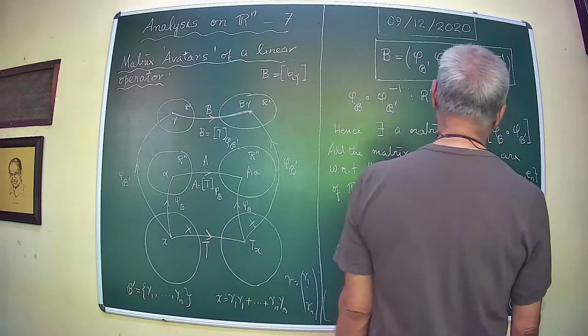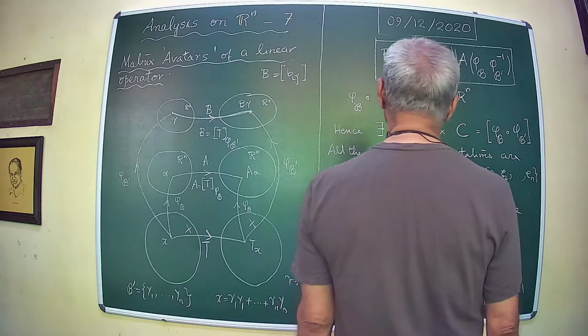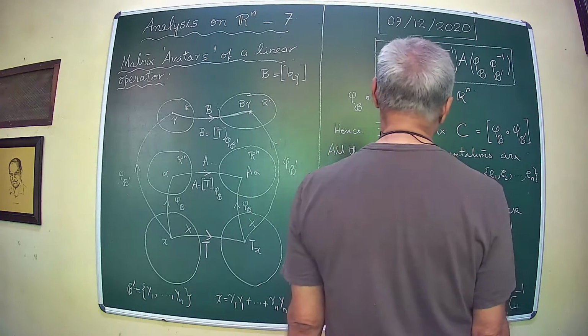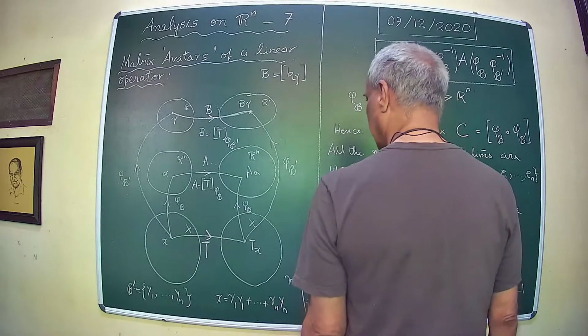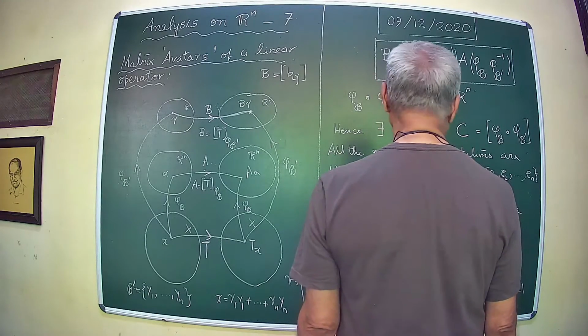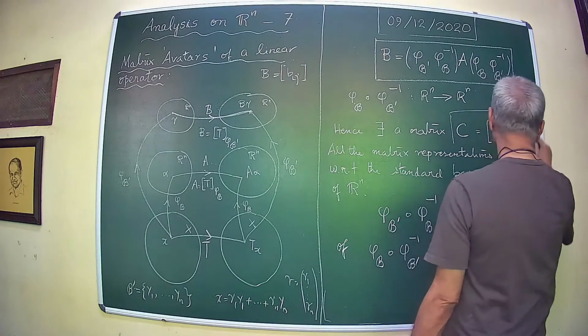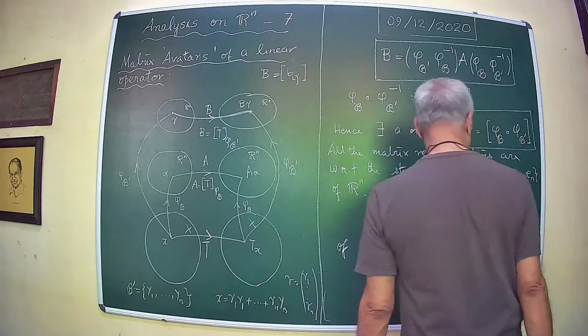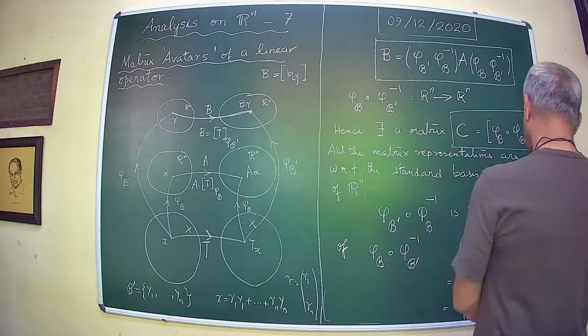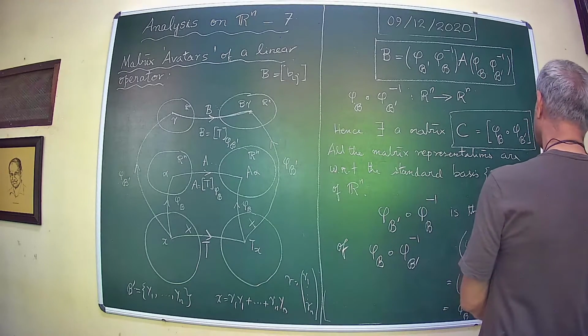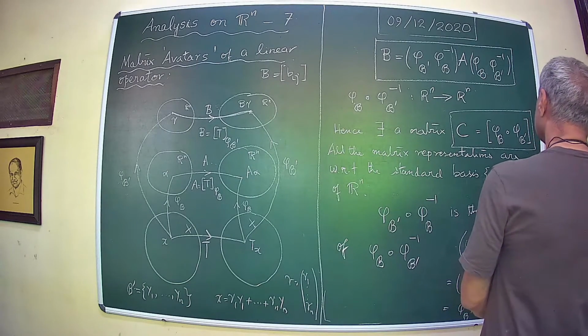So I can write this as, where have I written this as C equal to this. So what do I have?